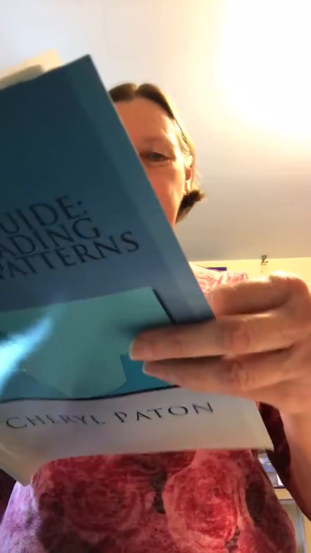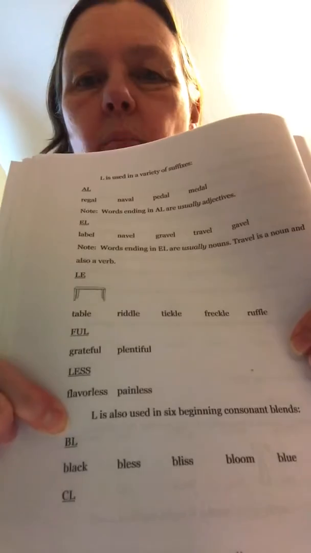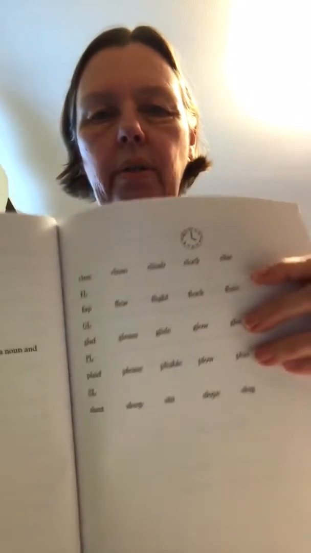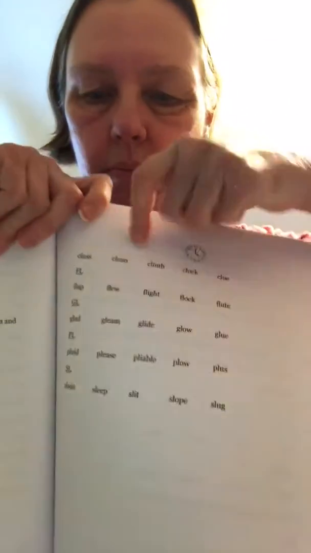L is also used with a variety of consonants. So if you come back to the chapter on L, you'll find information about the letter L, but further along it will go into what the different L blends are. So there are BL blends and CL blends, which are continued over here on the next page.